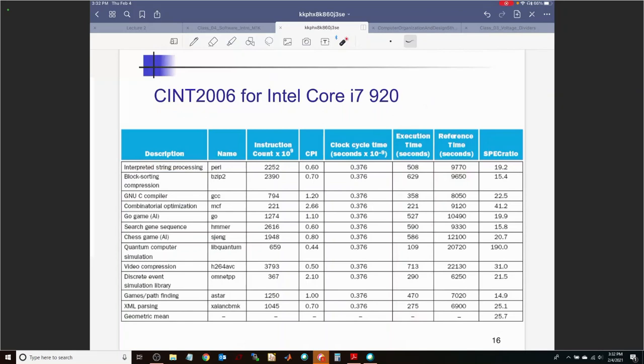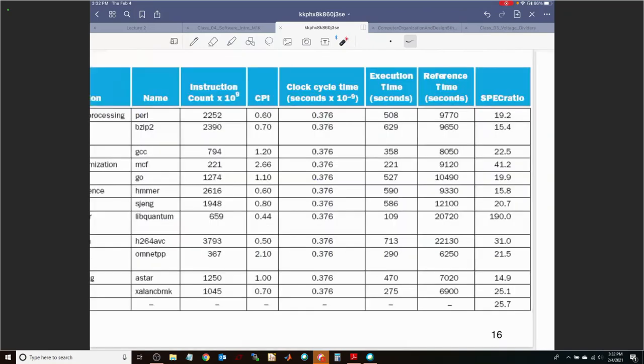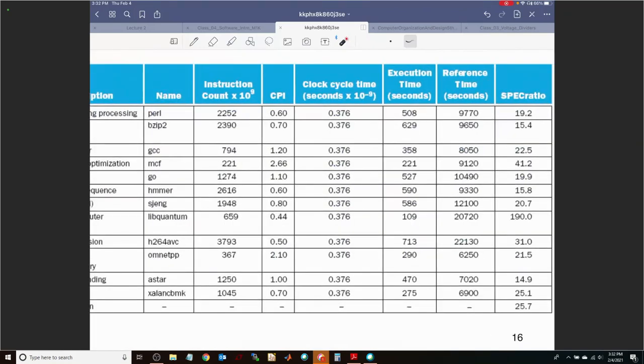I wouldn't say everything is a common program; some of them are not so common. But this is the set of programs that was for 2006. I'm not sure how the 2017 set looks. Maybe you can check that and let me know.